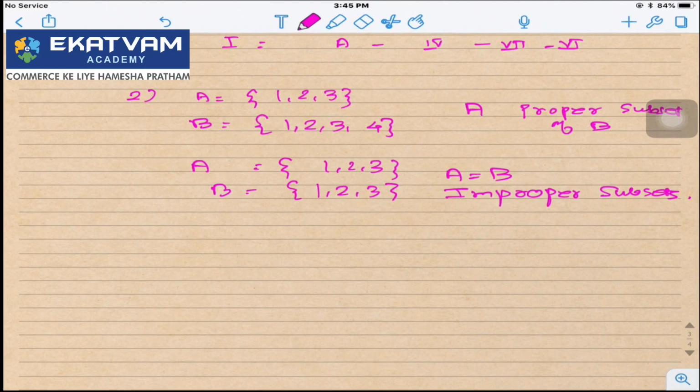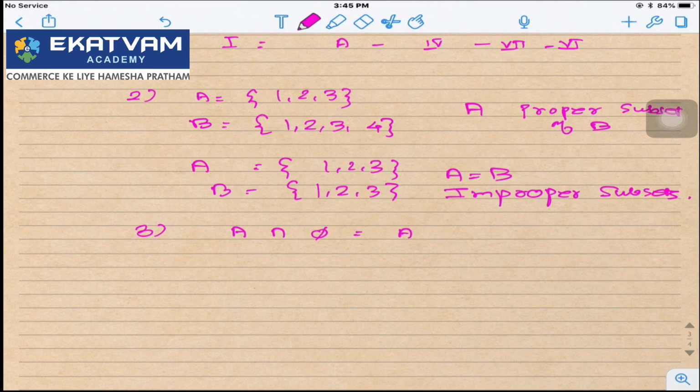And then always remember A intersection phi is always equal to A, that you know. My question is, is phi a subset of A?